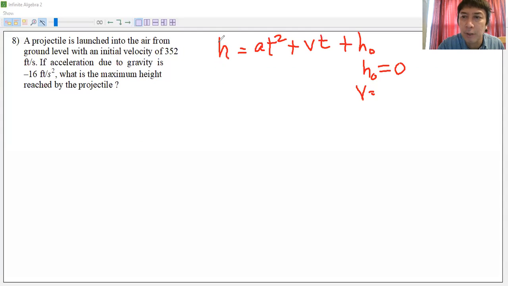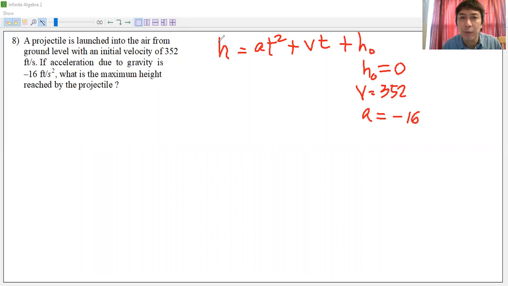That will be 352. What else? If acceleration due to gravity is negative 16 feet per second squared, that will be our a. So that's a negative 16. And we will have our equation.